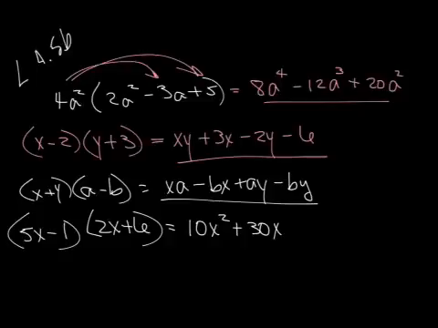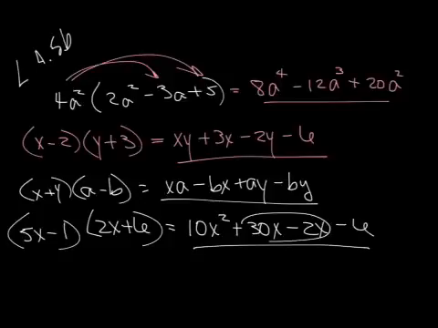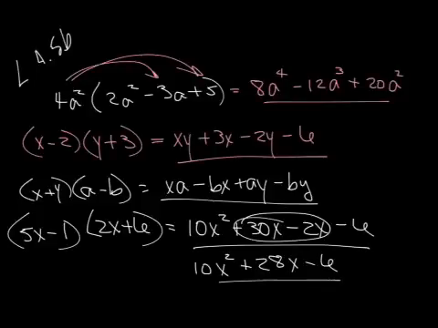Your inside is negative 1 times 2x, which is going to be a negative. Negative times a positive. Alright, and then last would be negative 1 times 6. And you get that. Now notice we can combine those. So 10x squared plus 28x minus 6 ends up being your answer there.